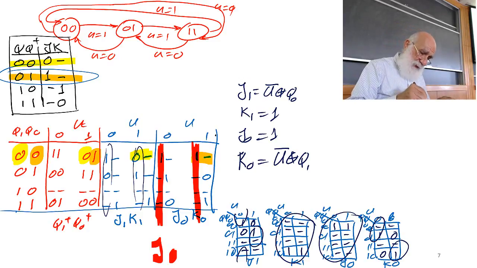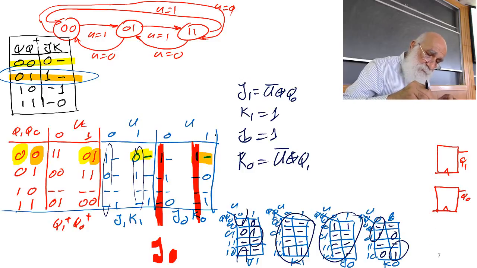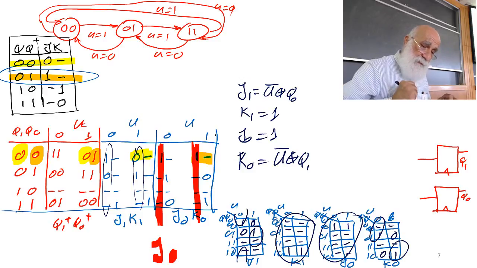Okay, the circuit has 2 flip-flops, Q1, Q0, a clock input, which I'm gonna do last, and then it has a D input here, a D input here. This is my D1, I'm sorry, not D, JK now.